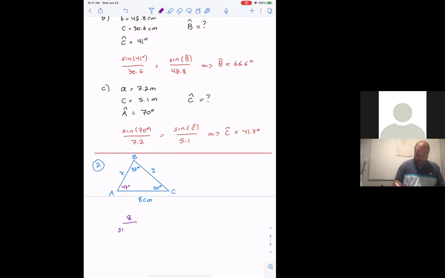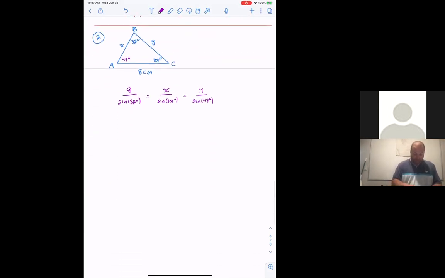So 8 over sine of 32 degrees equals X over sine of 101 degrees, and it's equal to Y over sine of 47 degrees. So 8 divided by sine of 32 degrees times sine of 101 degrees. I get X is approximately 14.8 centimeters. And I get Y is approximately 11.0, again, centimeters.